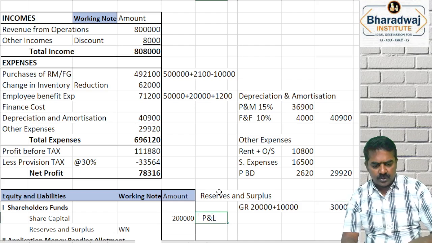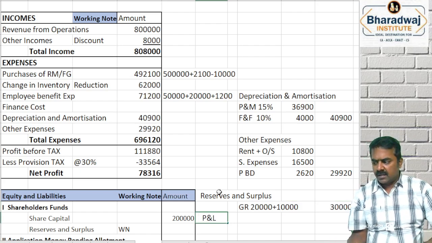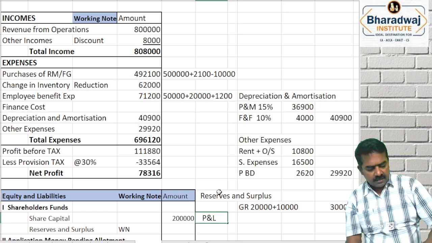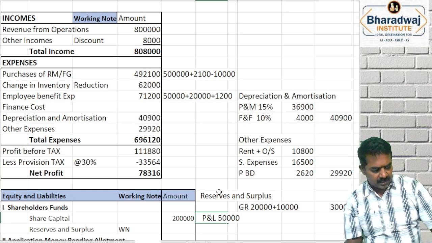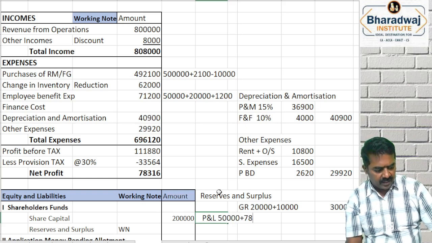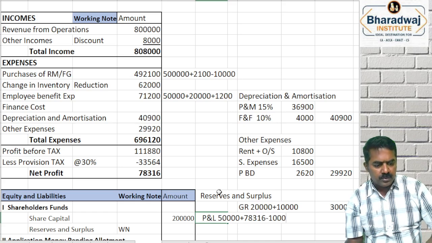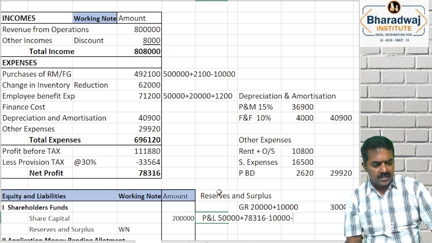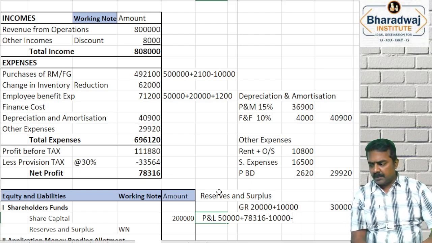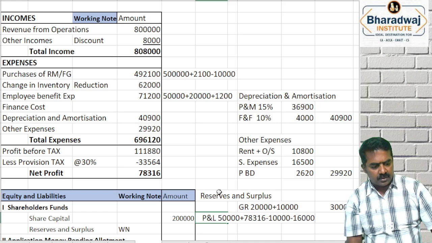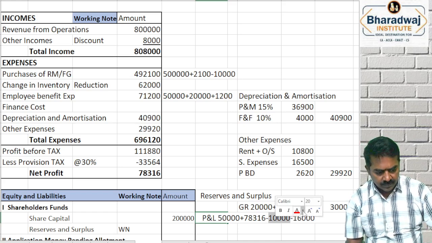Profit and loss account, already opening balance how much is given? 50,000 plus current year profit 78,316, minus the transfer to general reserve, minus interim dividend. How much interim dividend have we paid? Given in the trial balance, 16,000. This 10,000 is transferred to general reserve. We add here. This is interim dividend given.